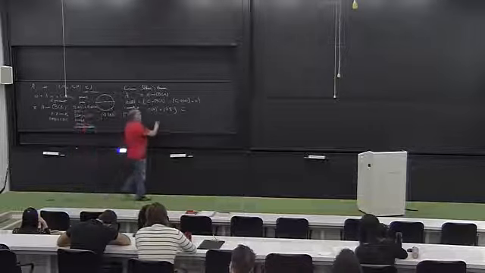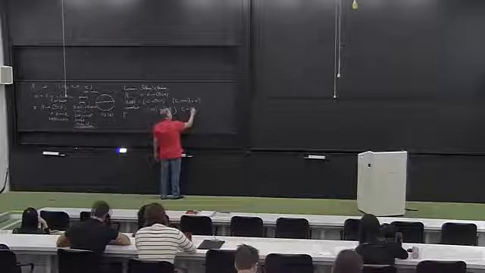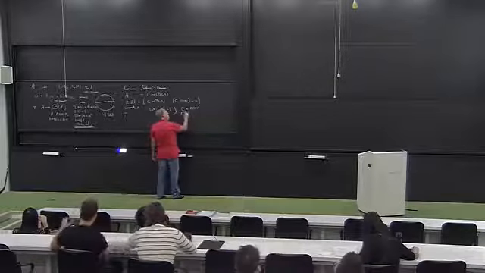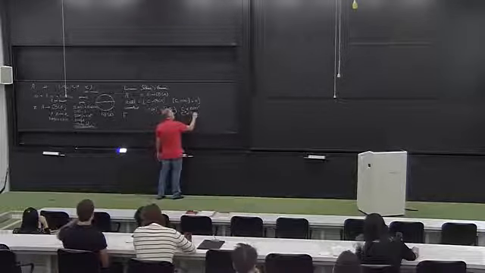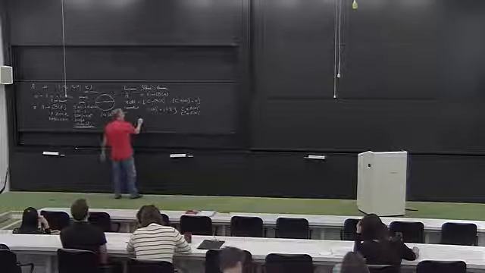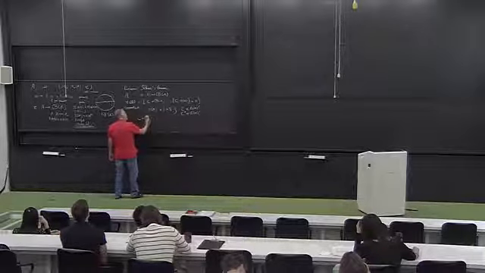If C belongs to the commutant of the algebra, also C star belongs to the commutant of the algebra. And you can consider C plus C star, which is self-adjoint.